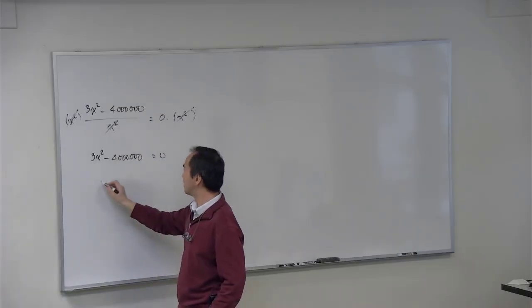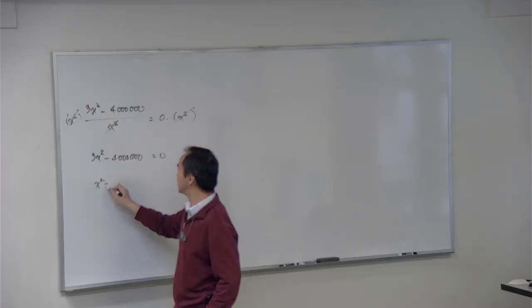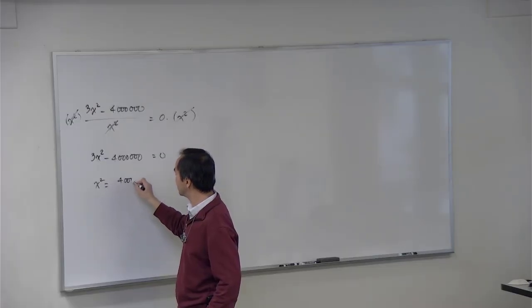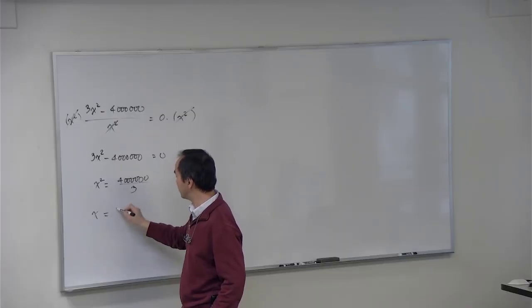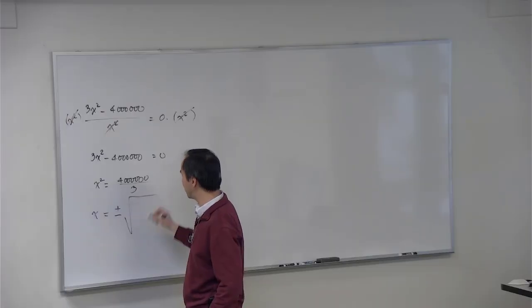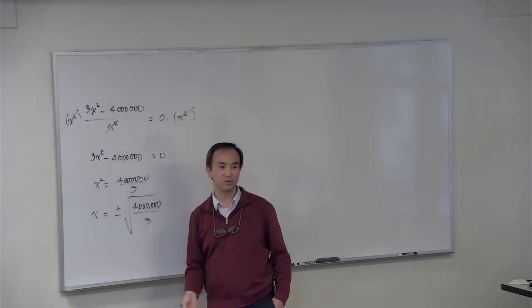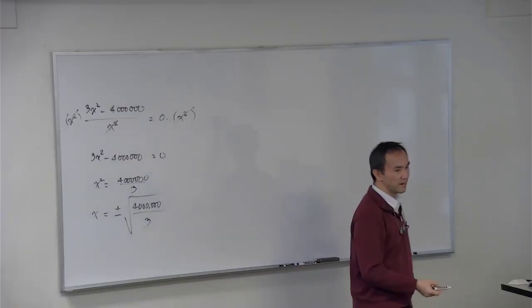So now I'm going to solve. So x squared here is going to equal 4 millions over 3, and that's leading it down to x equals plus and minus the square root of 4 millions over 3. So we found two other critical values.